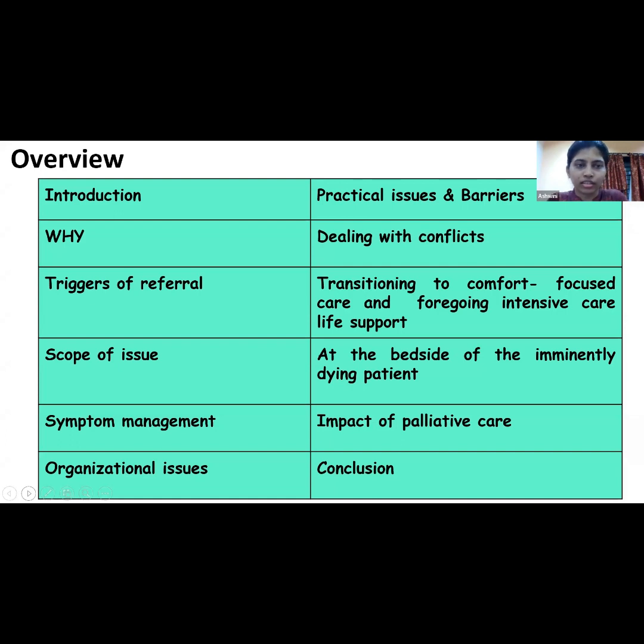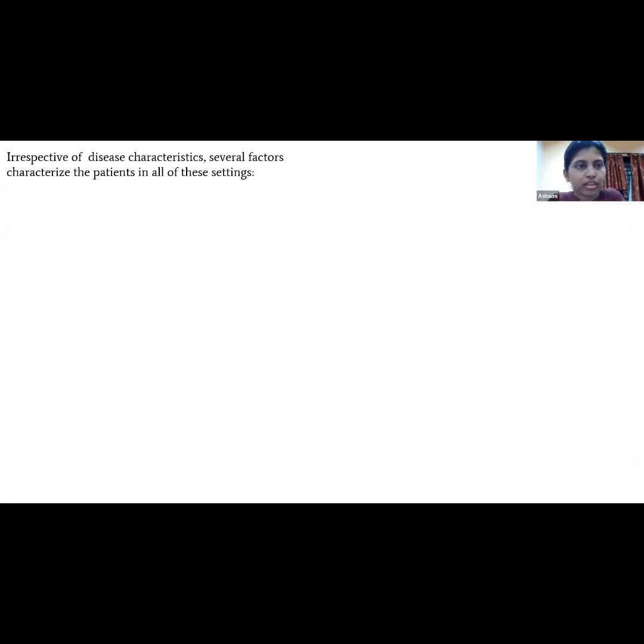So today we'll be seeing introduction, the whys, triggers for referral, scope of issue, symptom management, organizational issues, practical issues and barriers, dealing with conflicts, transitioning to comfort care and foregoing intensive care life support at the bedside of the imminently dying patient, the impact of palliative care, today's scenario, and conclusion.